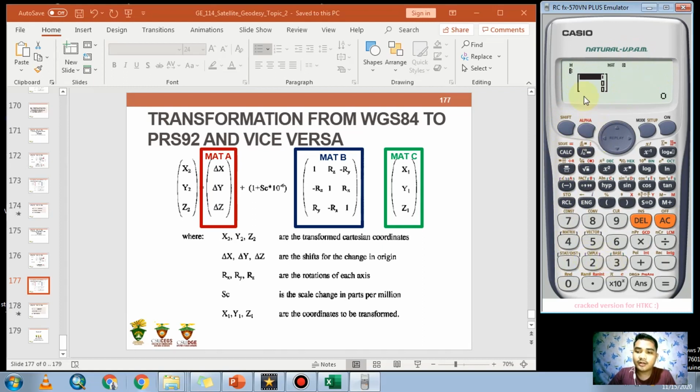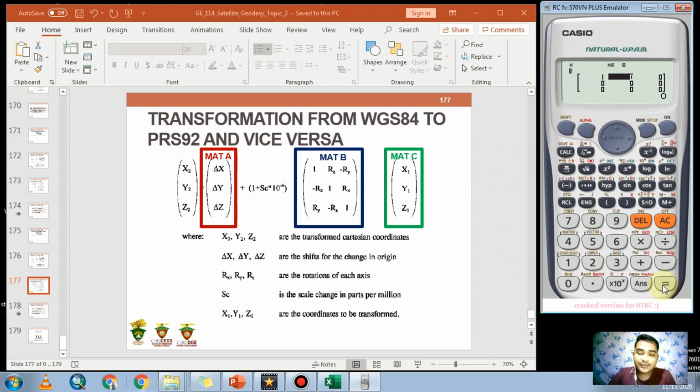Wrong, let's go back. Shift, matrix, dimension 1, then matrix B: 3 by 3 should be option 1. Then 1 equals.